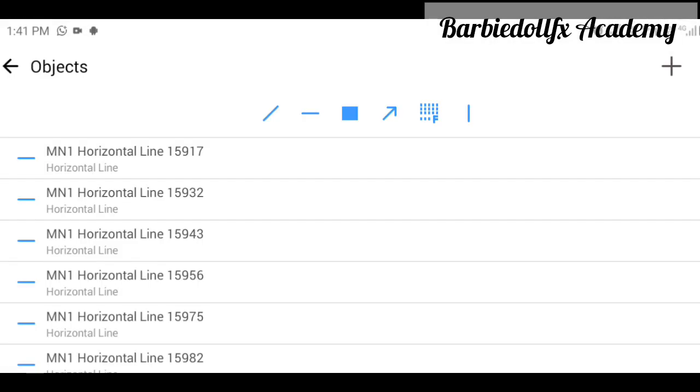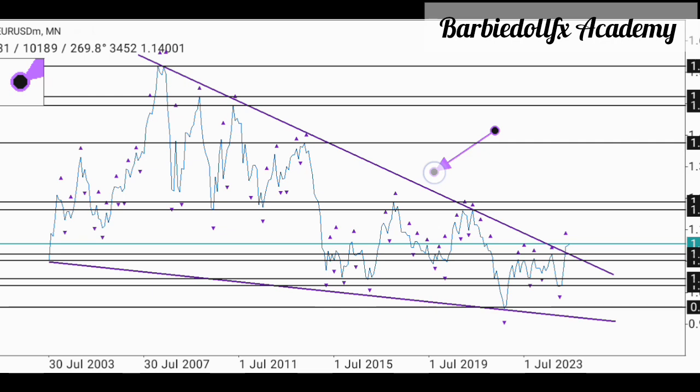Like here, this up one is the resistance, this down one is acting as the support. Even if you want to draw more insight, we see that all the places that price bounced back from are acting as support.